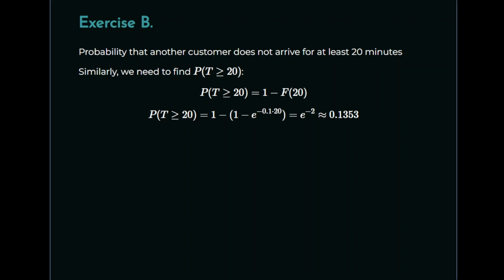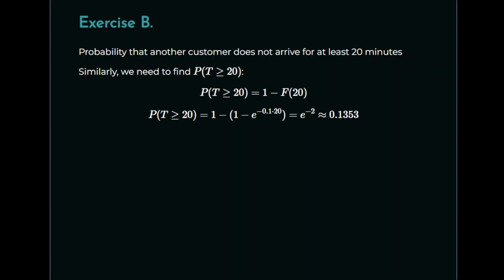Something similar for part B. Calculate the probability that another customer will not arrive for at least 20 minutes. What we have to do here is calculate the probability that the inter-arrival time t is greater than or equal to 20. We use the same approach here. We use the complement of the cumulative distribution function, which is 1 minus capital F of 20.